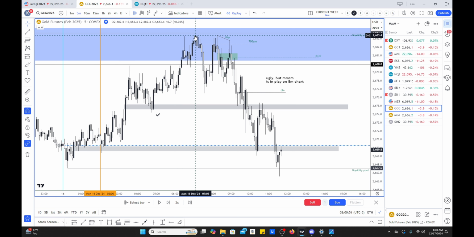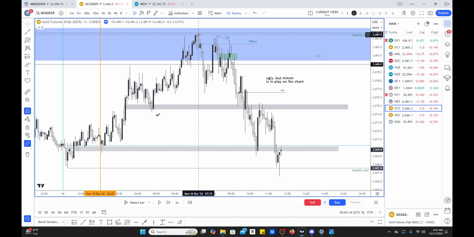So I didn't want to press any button, or ideally shouldn't press any button, until you see liquidity get snatched on that structure. So I call it a deferred SMT because the structure didn't get hit here. The high didn't get pierced here. But on silver, we see that structure get pierced.